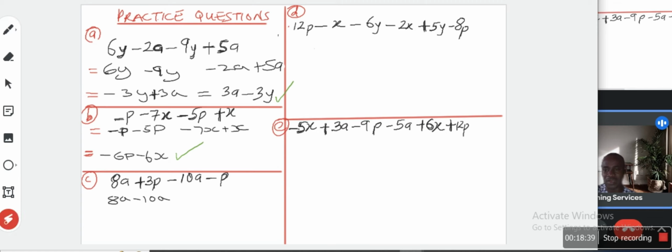Next one, you're collecting like terms. You know, here you owe 7 and you have 1, so you're only going to owe 6, because by the time you pay 1, you'll still be owing 6. So 8a minus 10a, that's for a's. Collect the p's.